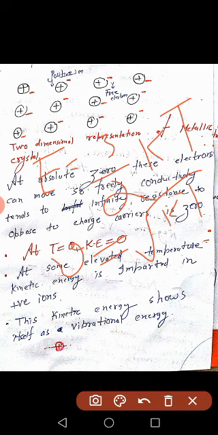Only we are not interested in those formulas, but as we know, the energy of the atom or energy of the electron at any particular temperature in any solid is given by 3/2 kT. This is from the kinetic theory.